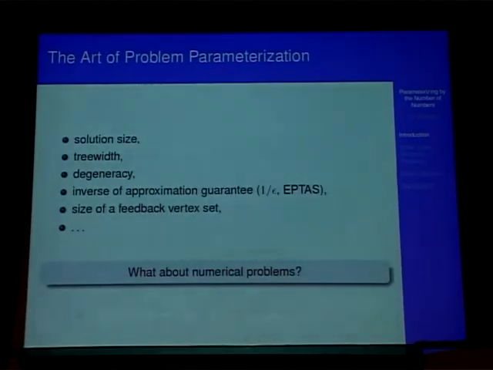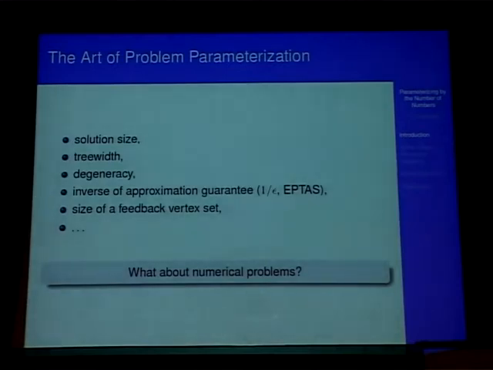There are many parameters around, I list some of them, but the list is much bigger. There are many graph parameters, like all of these. Solution size is a widely used parameter. But what about numerical problems? There is not so much work going on in this direction.